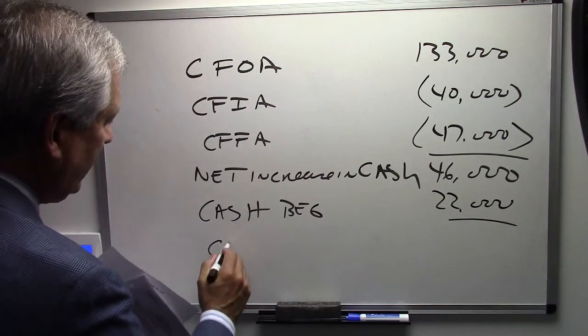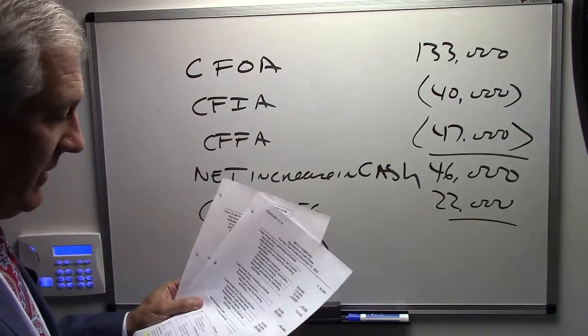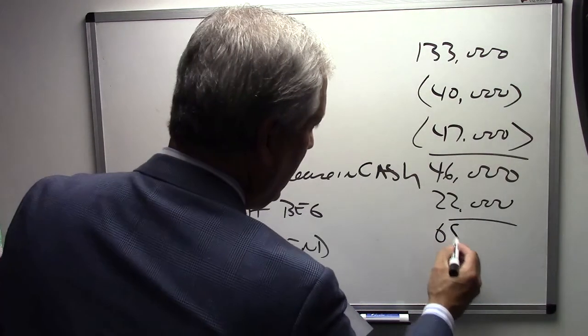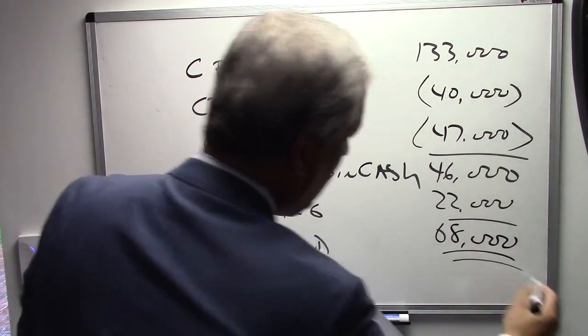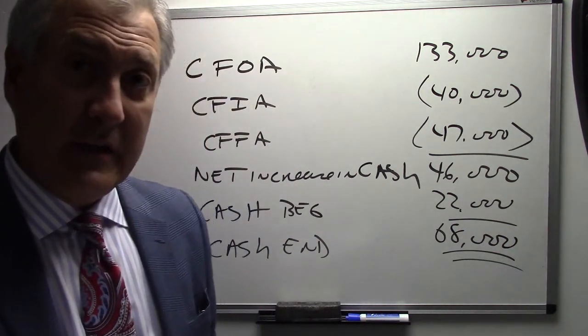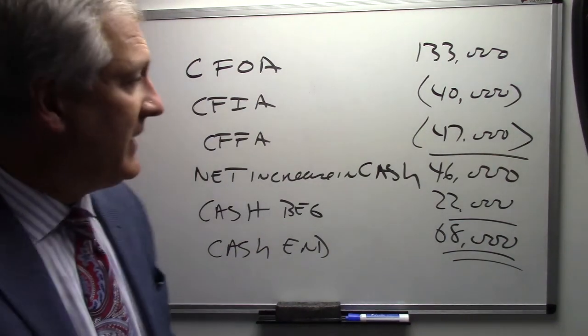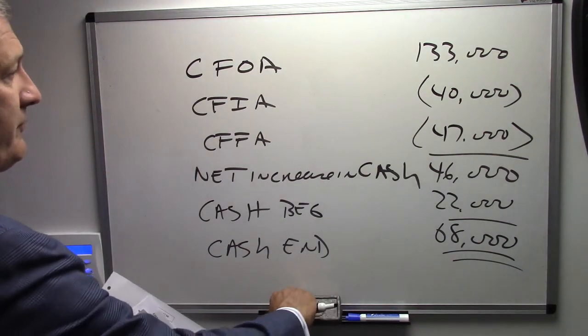That means that we have cash ending on the balance sheet of $68,000. It should agree back to the balance sheet. So that was exercise 12-1.